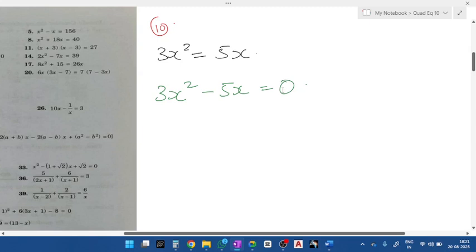Take the common factor from this. All of you will try the 10th one.